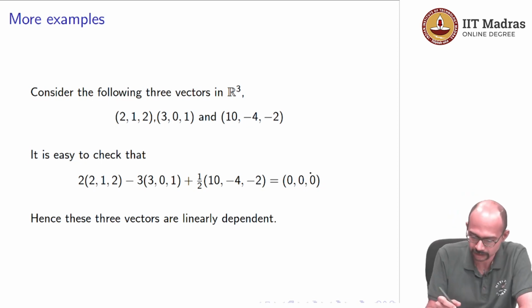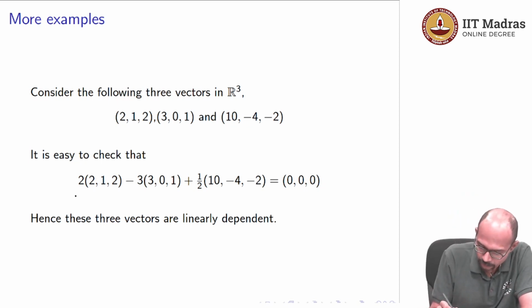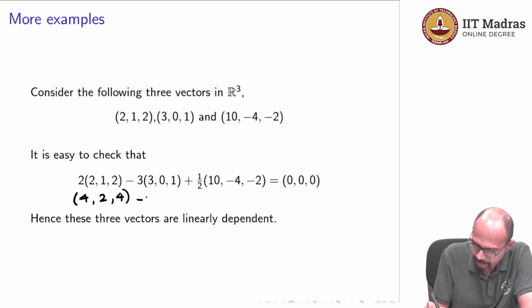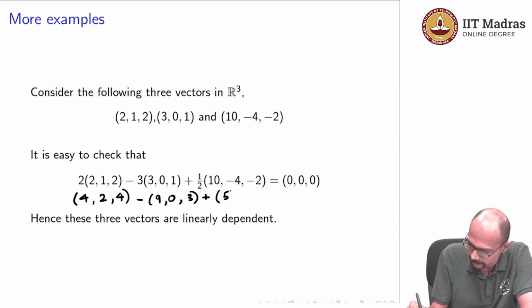Let us do this checking just to be sure. So the checking here is 4, 2, 4 minus 9, 0, 3 plus 5, minus 2, minus 1.